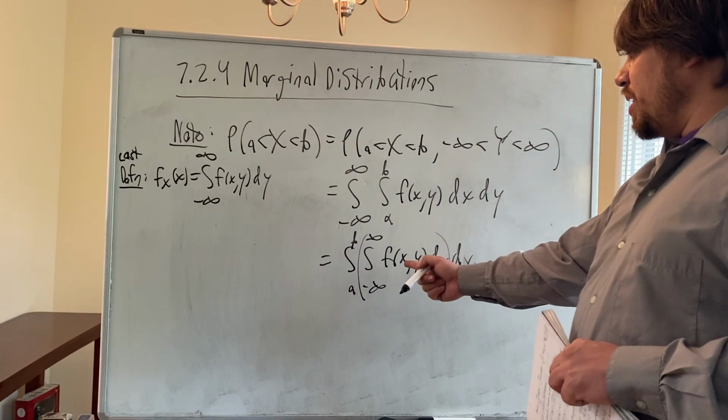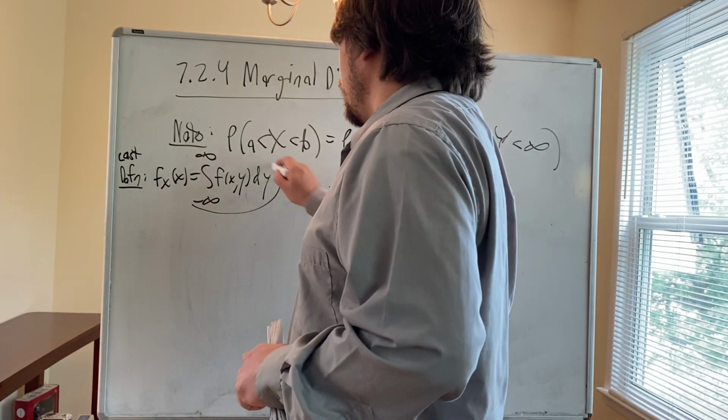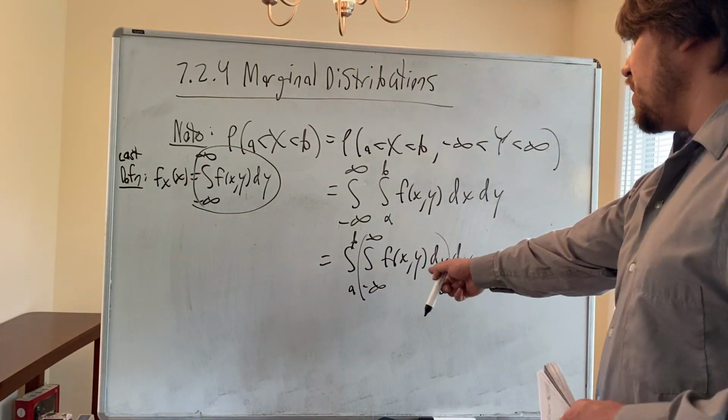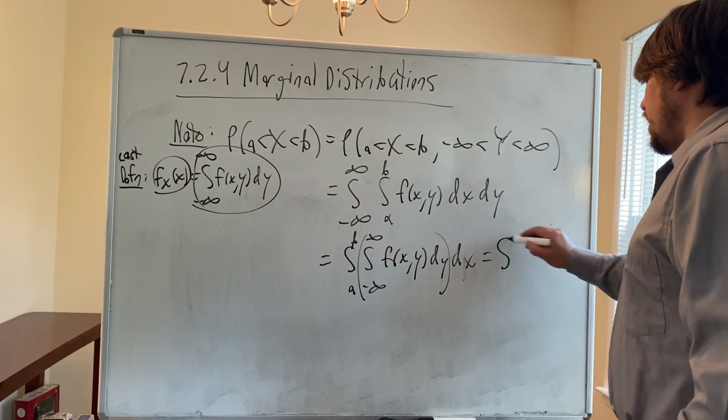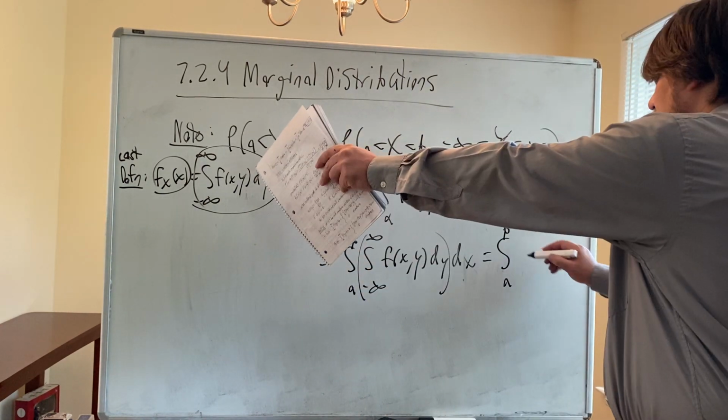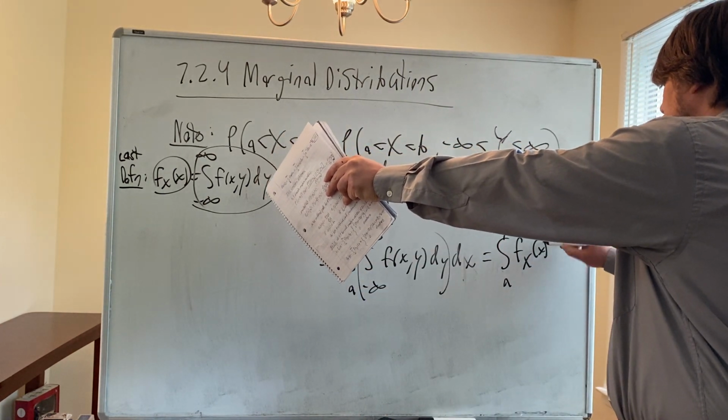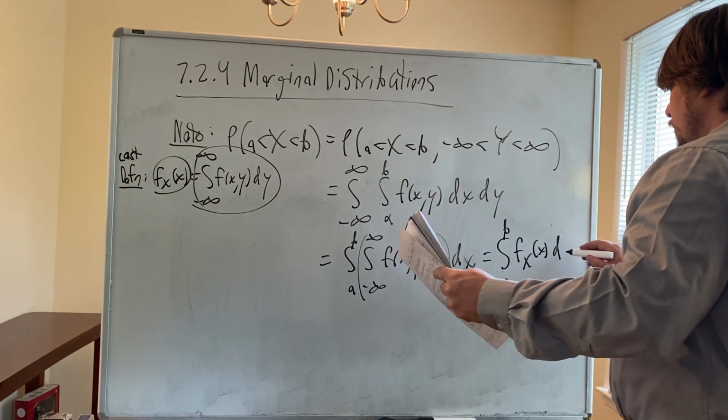Okay, so this thing in parentheses is this, right? And what is that? That's f sub capital X of little x. And so this is equal to the integral from A to B of little f sub capital X of little x dx.